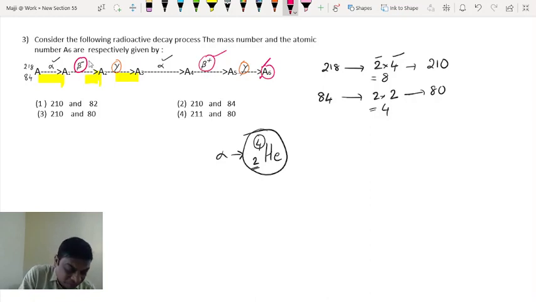So altogether there is no further change in mass number or atomic number, because a negative beta decay would have increased the atomic number by 1, but at the same time a positive beta decay would have decreased it by 1, resulting in no net change. So these are the final values. So the correct option is 3.